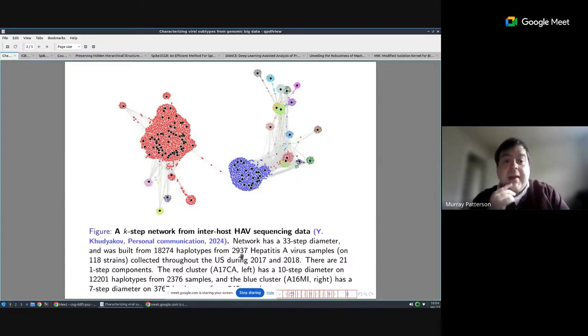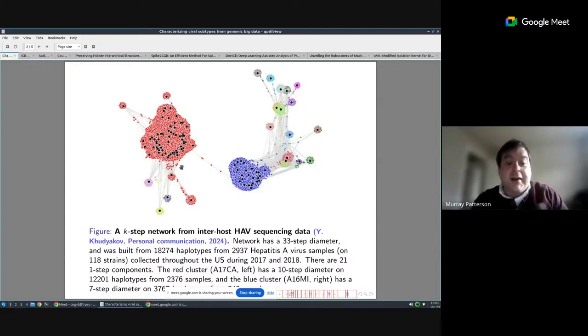where Georgia State is situated. They just took a bunch of sequences and built this K-step network on it, sort of like a neighborhood network.